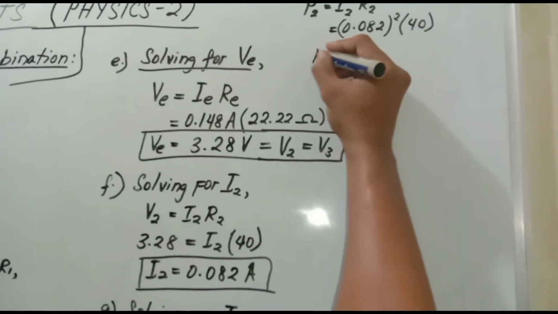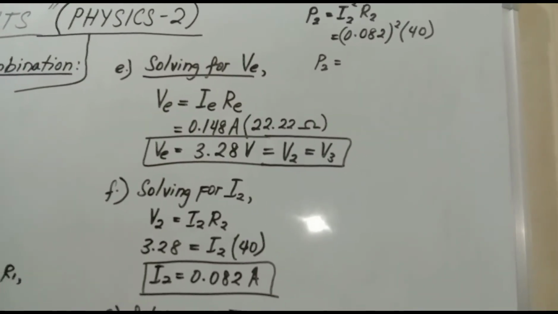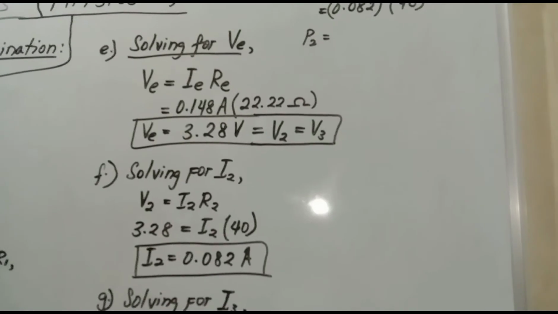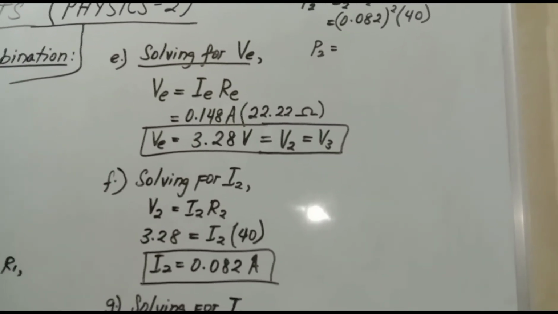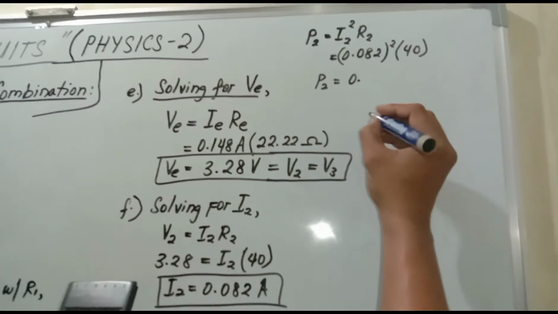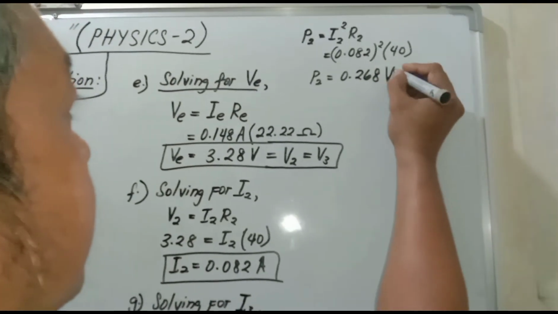So P2 is equal to 0.082 squared times 40 ohms, which is equal to 0.268 watts.